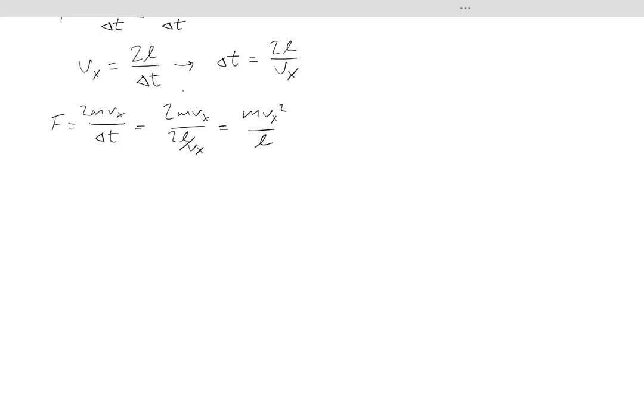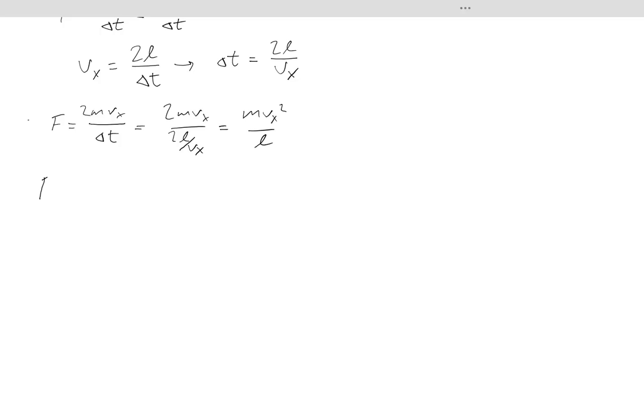Now, that's if we have just one particle in the box. But say we have a total of n particles, and they're all exerting forces on the wall. They all have different speeds, but we're going to assume their masses are all the same.